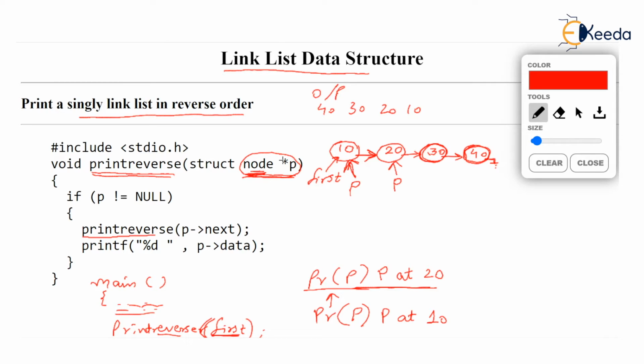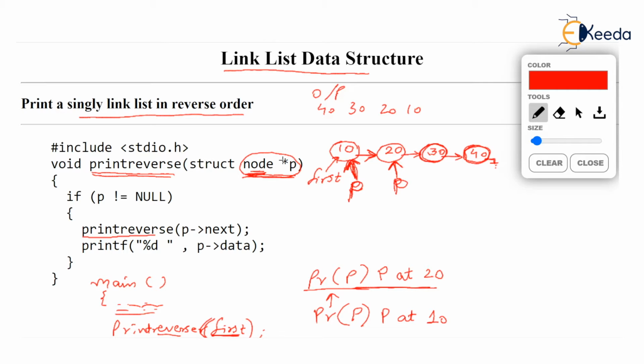So the first print reverse function, print reverse P, has P at 10. The P which I am overwriting now, you observe P which is at 10 is still there in the memory. And print reverse P with P at 20, the P at 20 is also there. Both P's are available in the memory, and every P is local to its function. It's a local parameter of the function.